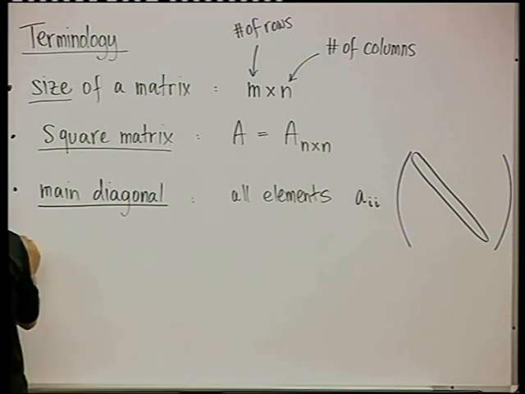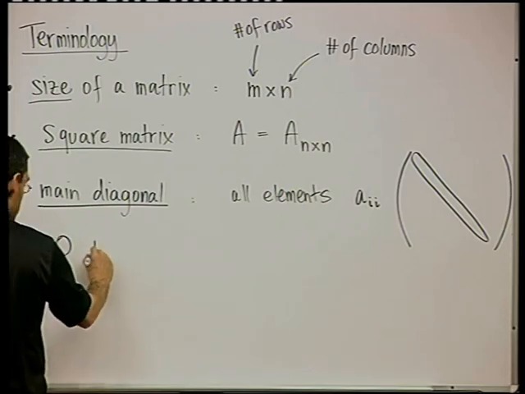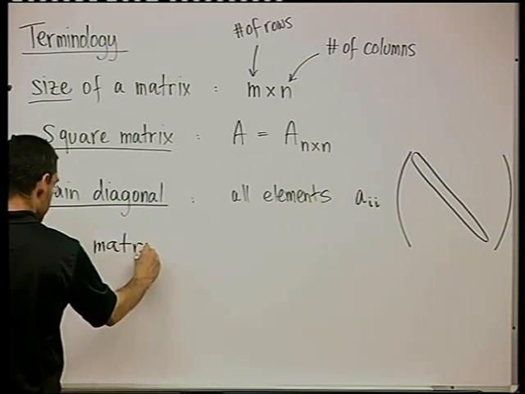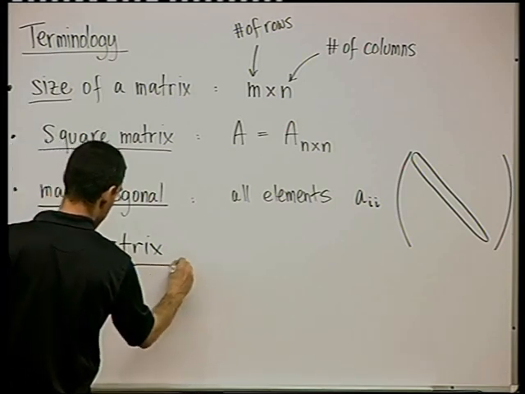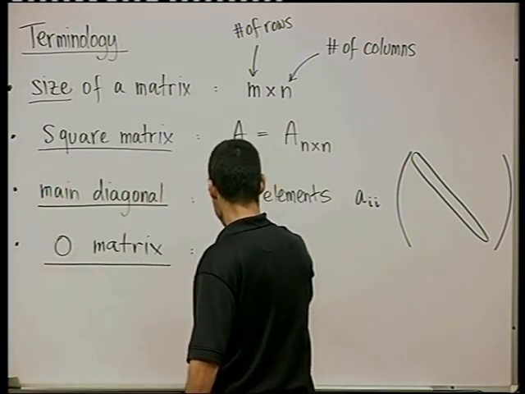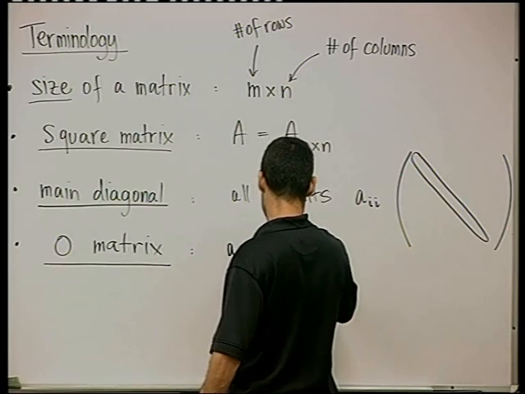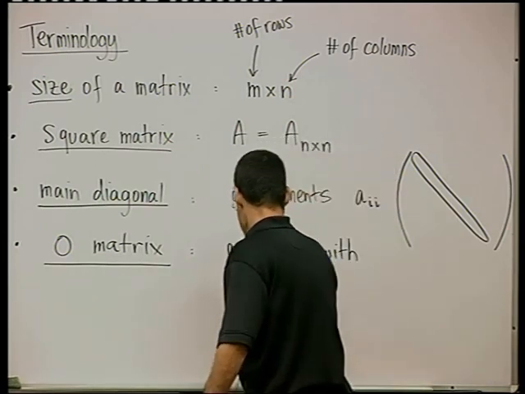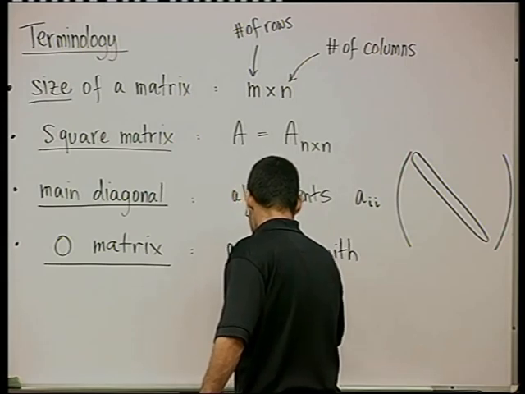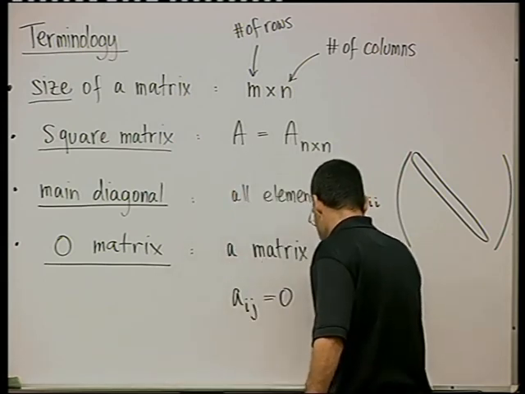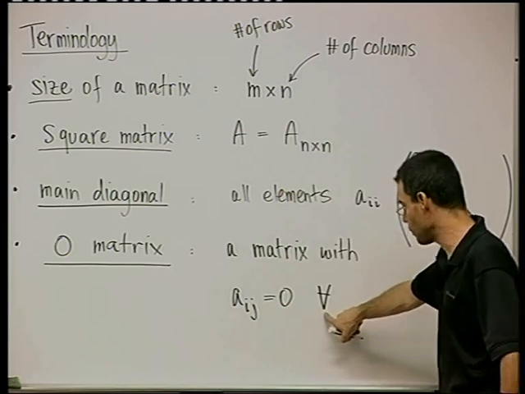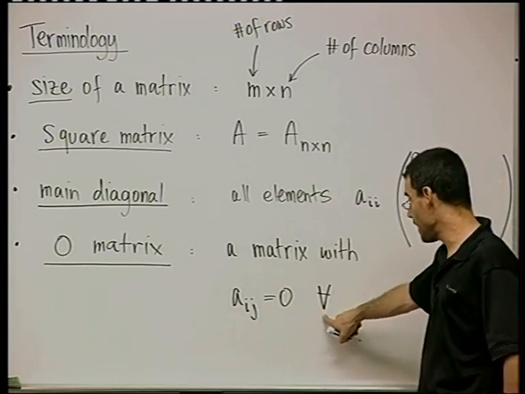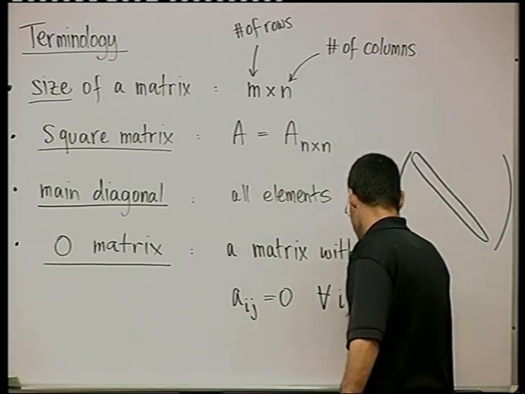The zero matrix, by definition, is a matrix with aij equals 0 for every, remember this symbol, upside down A, for every i and j.